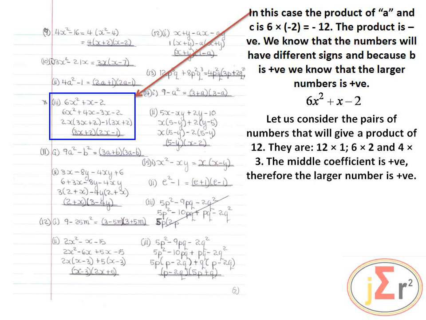Let us consider the pairs of numbers that will give a product of 12. We know 12 ones, 6 twos, 4 threes. The middle coefficient is positive. Therefore, the larger number is positive. Do not forget that they have different signs, because when we multiply them, the result is negative.